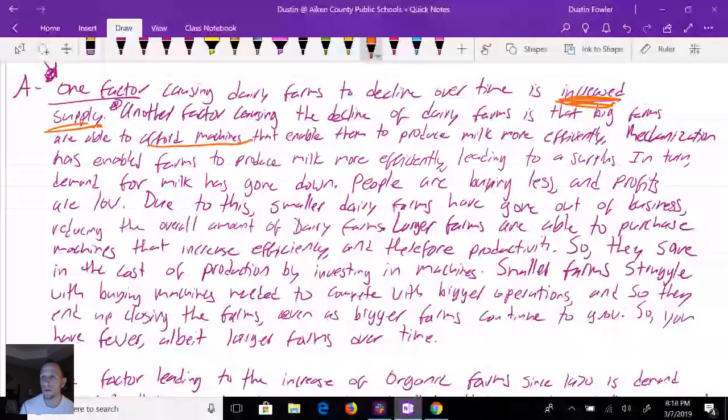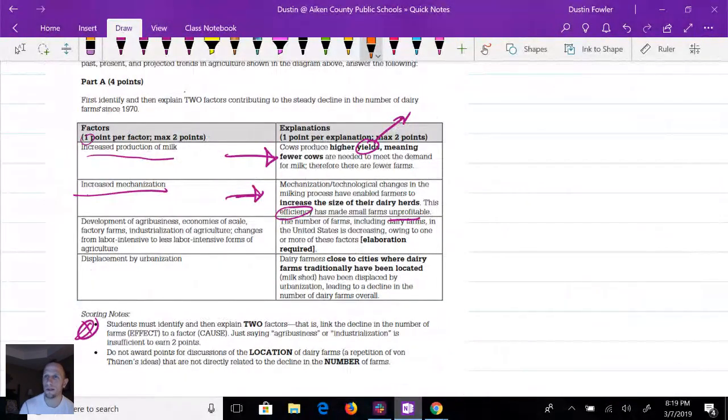I think that counts. I wasn't at the reading for this, so I don't know what they would say, but I think that's pretty accurate. Supply and production go hand in hand, so I would give the point for that. Increased mechanization, that's exactly what I said when I mentioned there are more machines. So this response is going to get a point for the 2 IDs regarding part A.